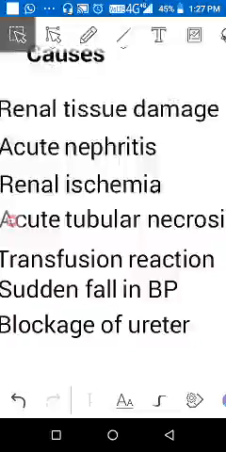The kidney stones can block the ureter, and also the development of tumor or cancer cells in the ureter. So these are some of the causes of renal failure, some of the reasons for the kidney not to function properly.